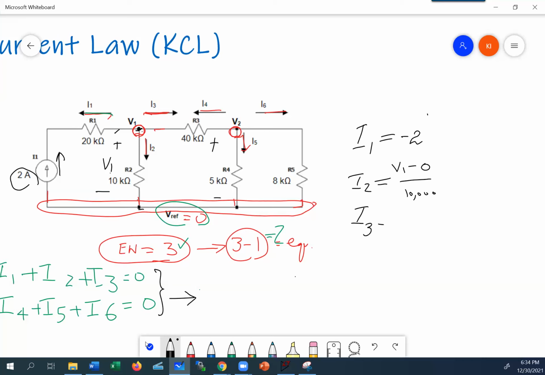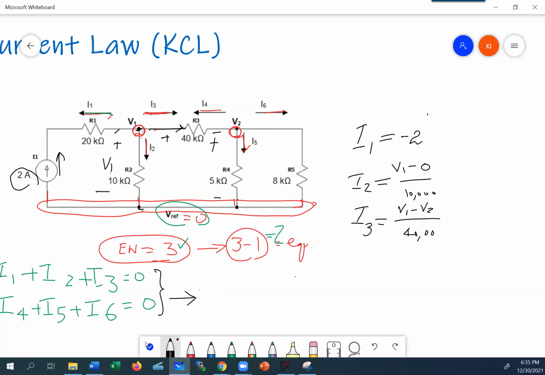I3 basically is the current that flows in this direction. So if it's flowing in this direction, I can take this voltage, subtract that voltage, because this is from here to here, this is from here to here. If I subtract V2 from V1, I find the difference between those two. So it'll be V1 minus V2 divided by 40,000.